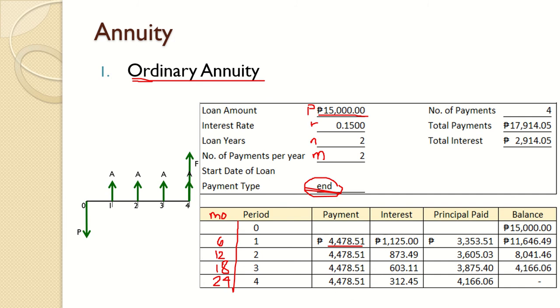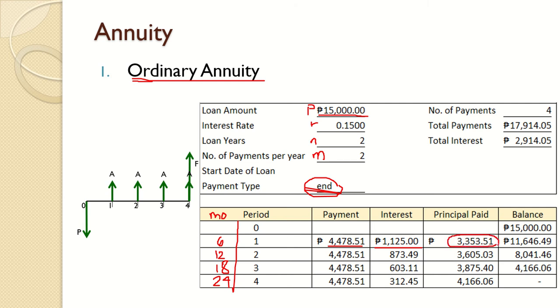Then we can calculate how much interest there is on all of your debt. If you calculate the total interest one period at a time, during the first period the interest is 1125. So meaning what you actually paid off of your debt is only 3,353.